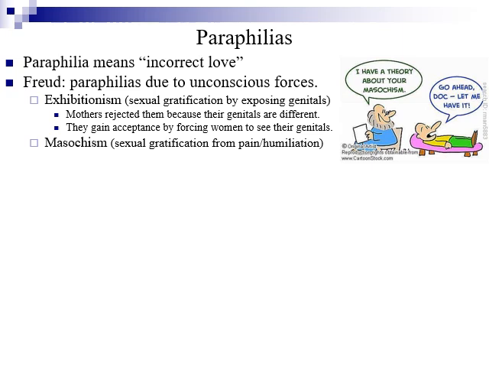Freud's idea was that mothers rejected the boy because their genitals were different from the mother's, and so they, as adults, then flash women. They force women to see their genitals as a way of gaining acceptance. Clearly not a very scientific explanation there.